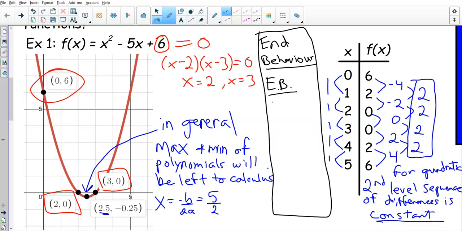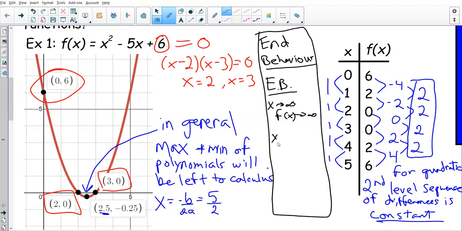So what I want to know is, as x goes to infinity, what happens to my function? Well, I know this is a quadratic. I look at the leading term. The leading term is positive, or the a value is a positive value. So I know that it opens upwards. And that means that as x goes to infinity, the function also goes to infinity.